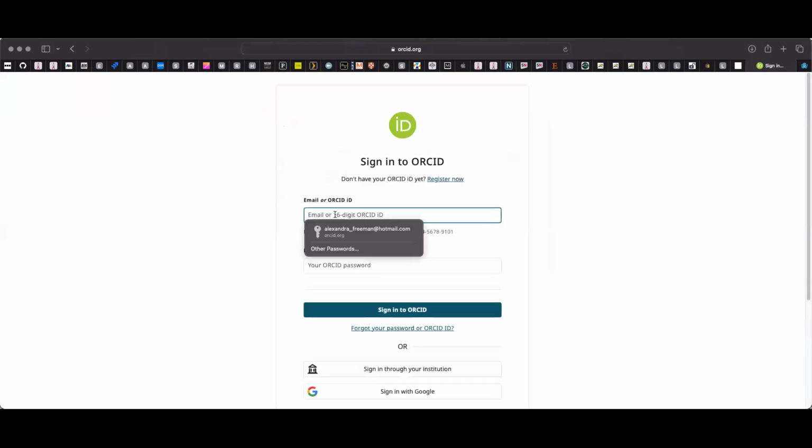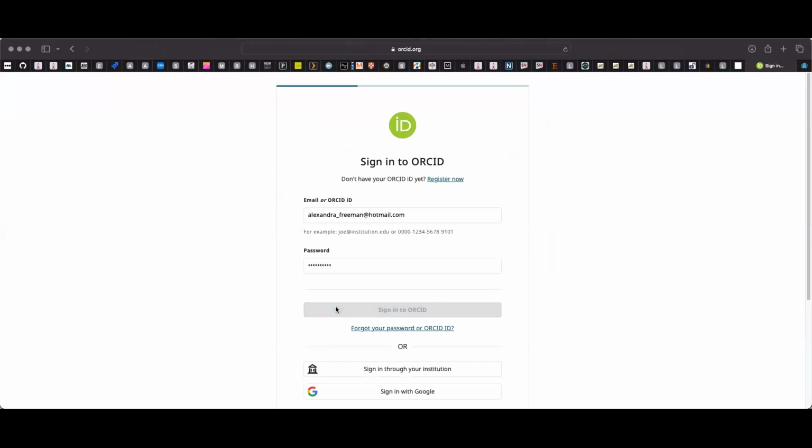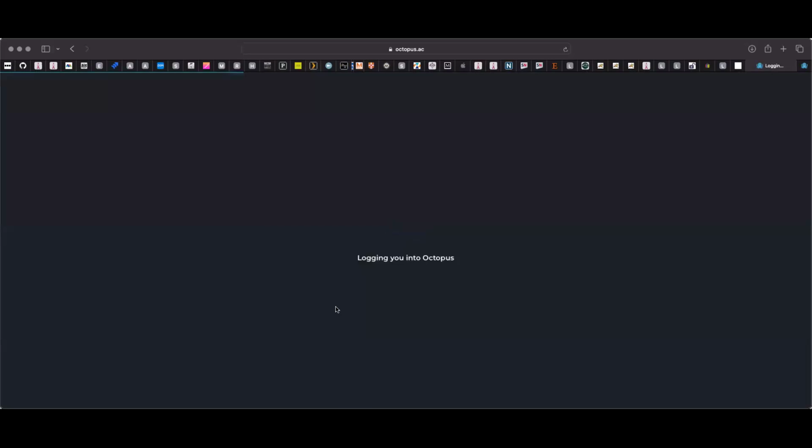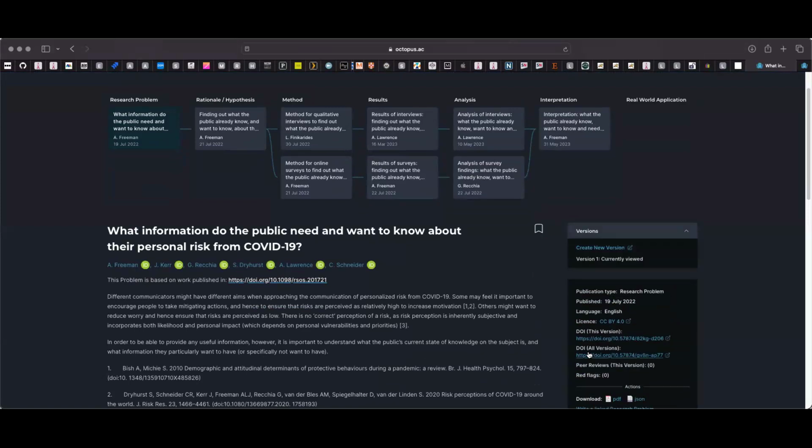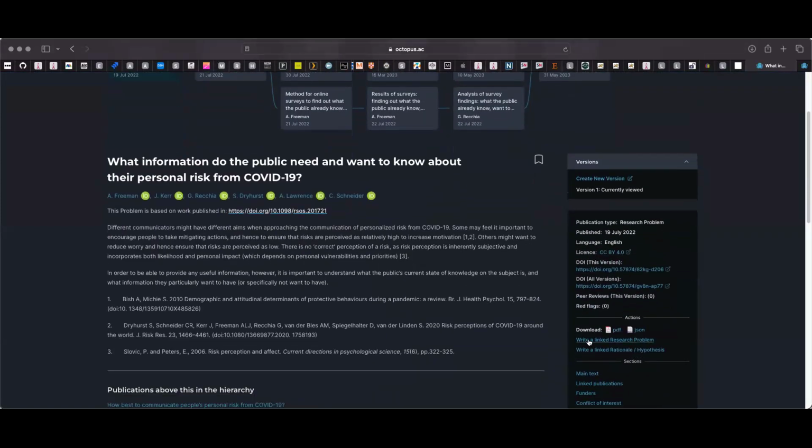So hopefully people can use the platform to fairly freely collaborate with each other without needing to go through a lot of steps of working things out beforehand. People can just put a publication on the platform linked to what's already there to say, this is interesting and I'd like to build upon it in some way. And obviously we represent that relationship through the visual at the top there.